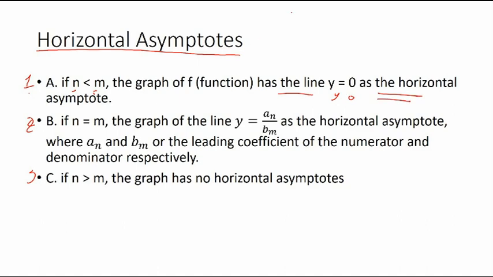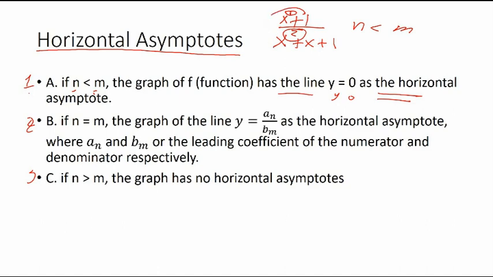Ibig sabihin, if we have x plus 1 in the numerator, tapos pagdating sa denominator, ang highest exponent na makikita mo is squared, samantalang dito, 1 lang, or hindi natin siya sinusulat, ibig sabihin, n is less than m.